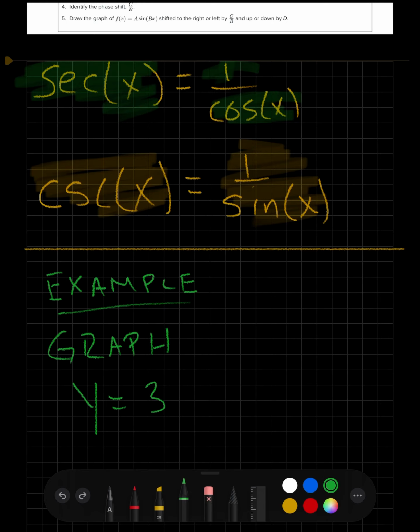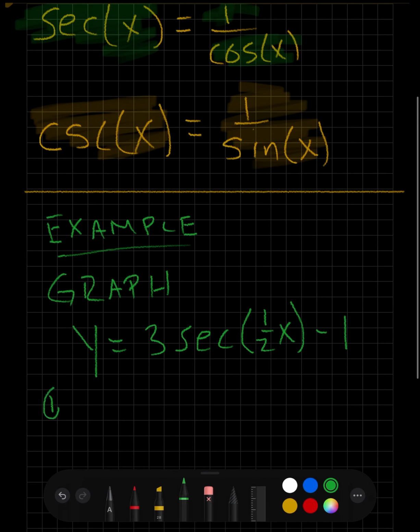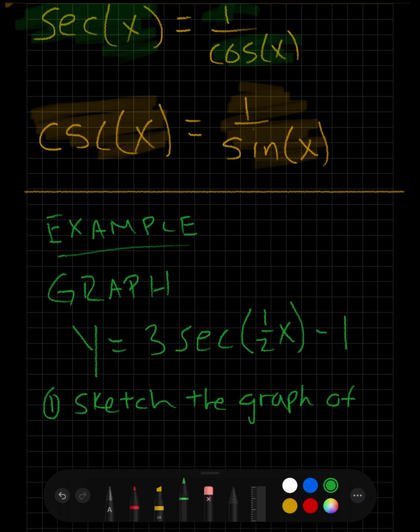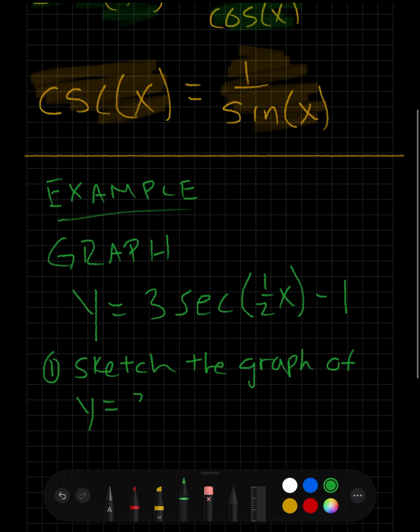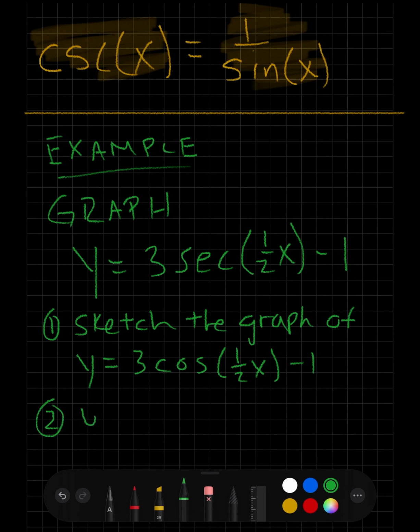And we're going to graph y is equal to 3 times the secant of 1/2 x minus 1. And to do that, we're going to first, one, sketch the graph of y is equal to 3 times the cosine of 1/2 x minus 1.